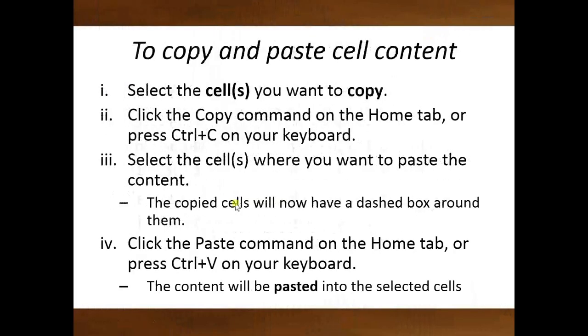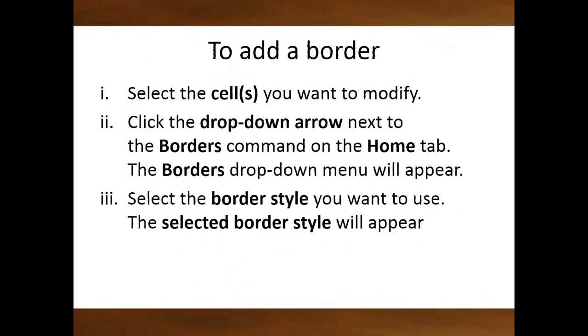Let us look at how we apply borders to various edges of cells. To apply borders, the steps are given as follows. 1. Select the cells you want to modify or format. 2.